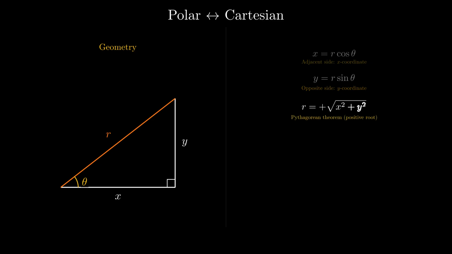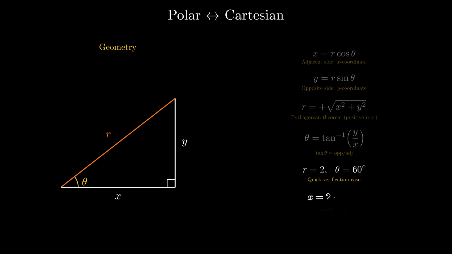Going the other way, given x and y, we recover r as the positive square root of x squared plus y squared. That's just the Pythagorean theorem. And we recover theta as the inverse tangent of y over x, since the tangent of theta equals opposite over adjacent.